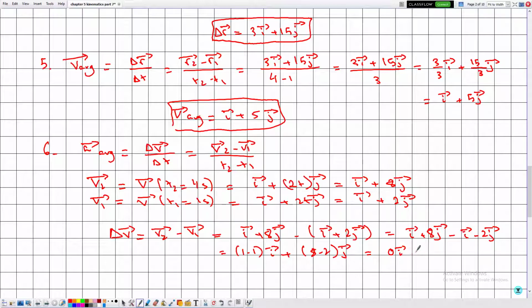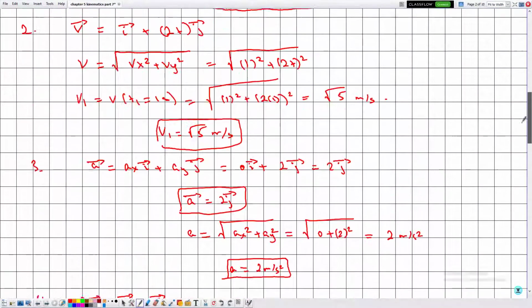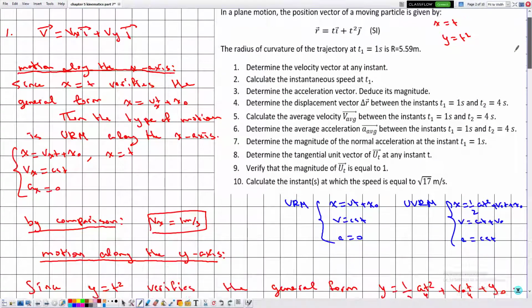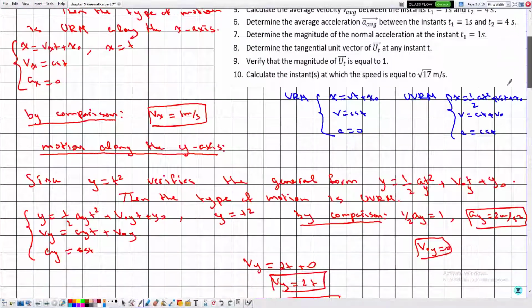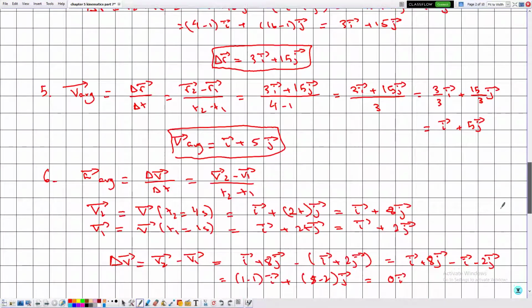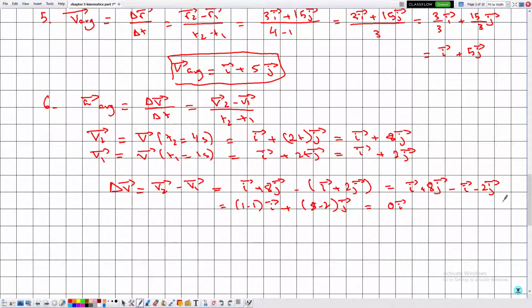I've done something wrong. Let me check. Okay, no, everything is correct. Plus 6j, so it's equal to 6j.